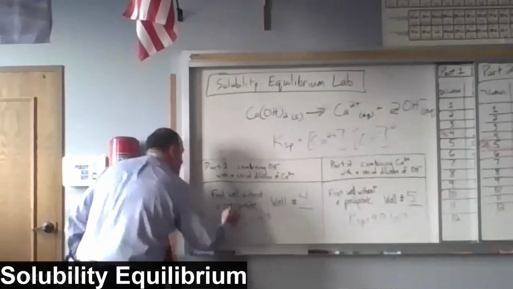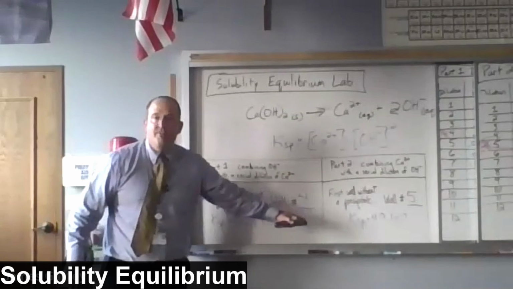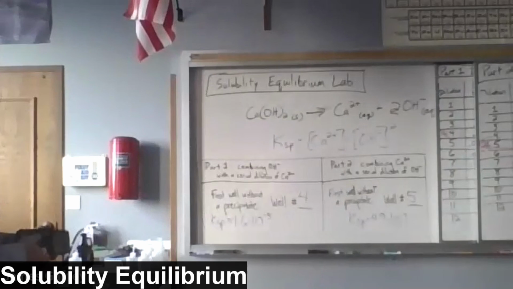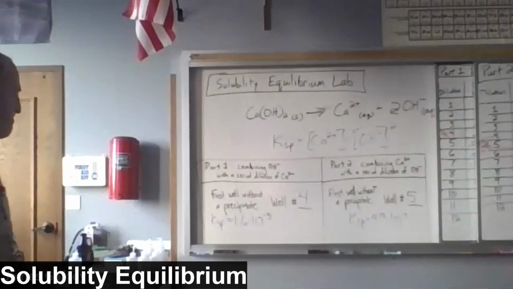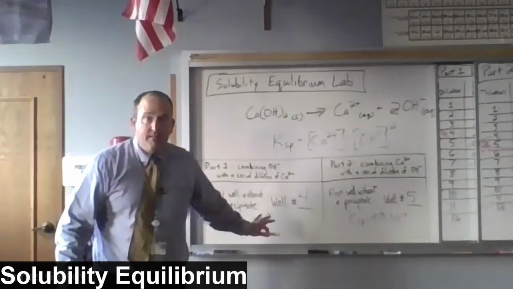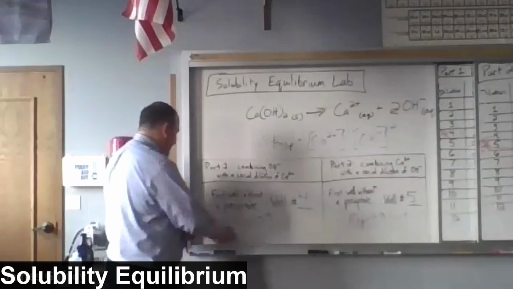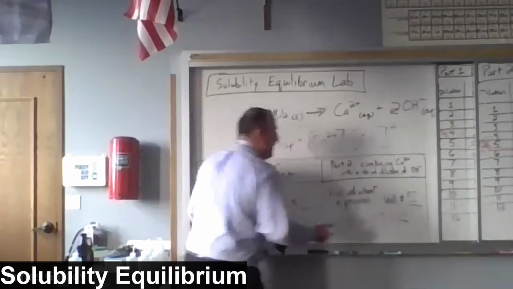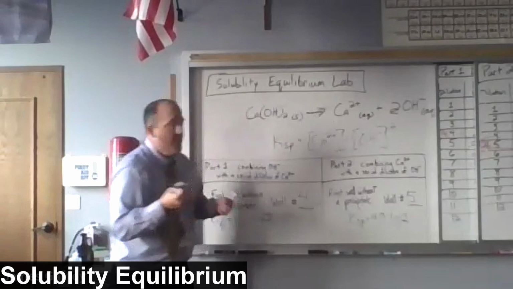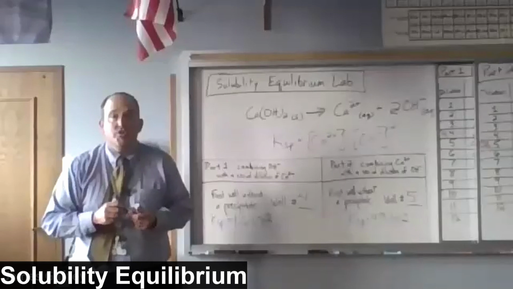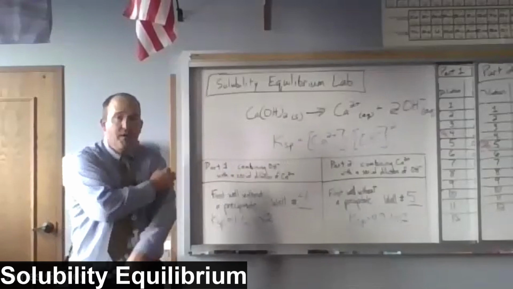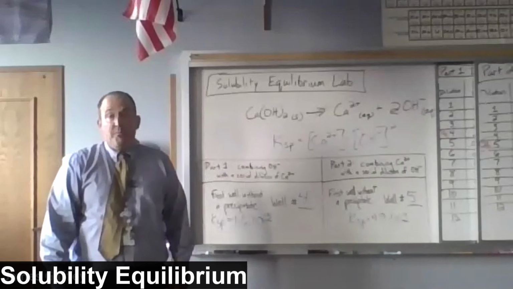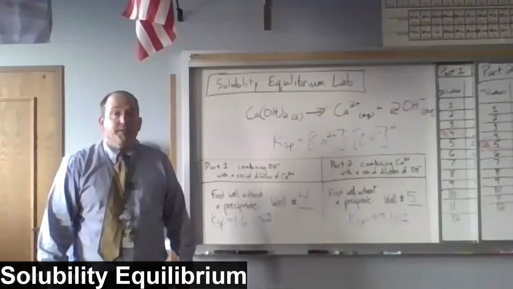And for part 2, we get a KSP of 4.9 times 10 to the negative 7th. Now, you might say, gee whiz, Mr. Gaffey, realizing that our main focus here is on the exponents, negative 5 and negative 7, are they close to each other? I mean, theoretically, they should be. They're two orders of magnitude away from each other. In other words, they're about 100 times different.